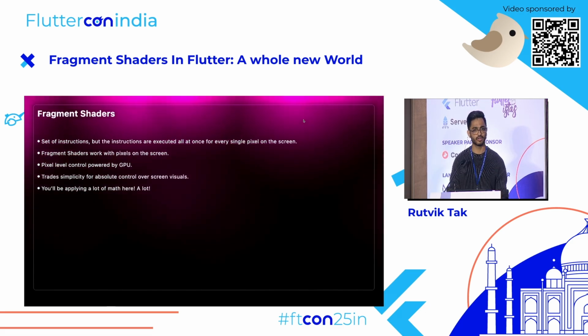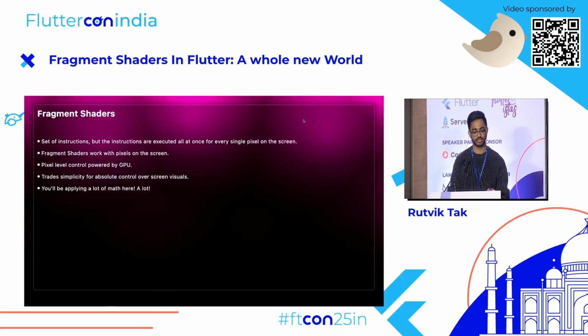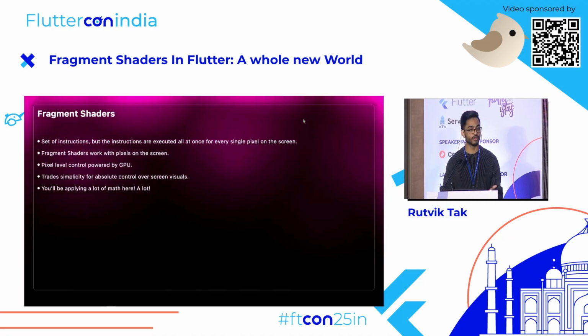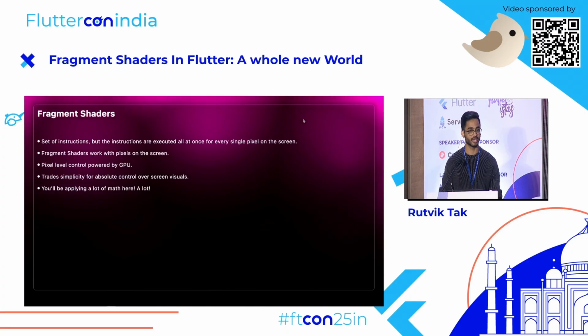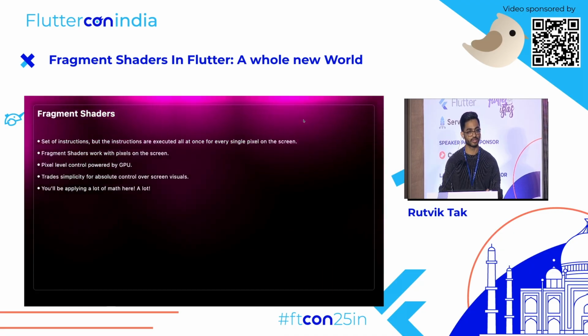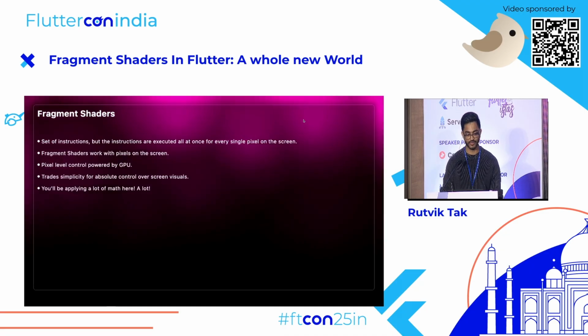And you get pixel-level control here, which is really crucial if you are trying to build experiences that go beyond the traditional UI/UX that you see in apps, where you want to create visual effects like you see in games. That's where that pixel-level control is going to help, and we'll see how that translates to Flutter.